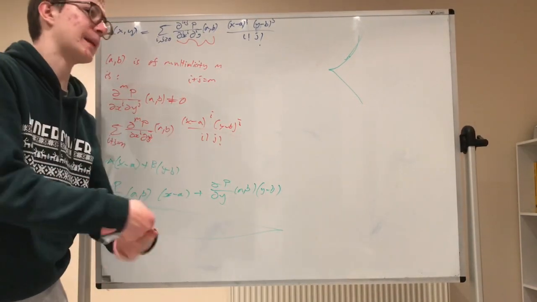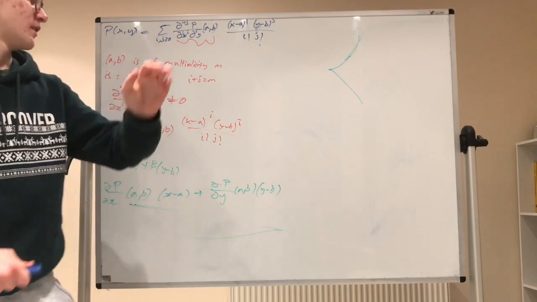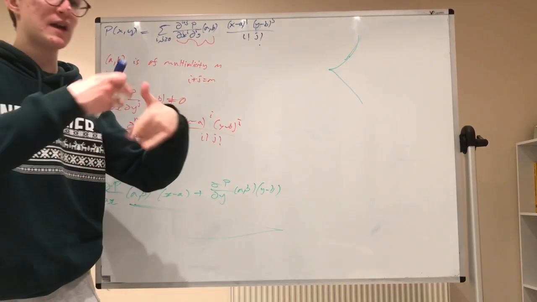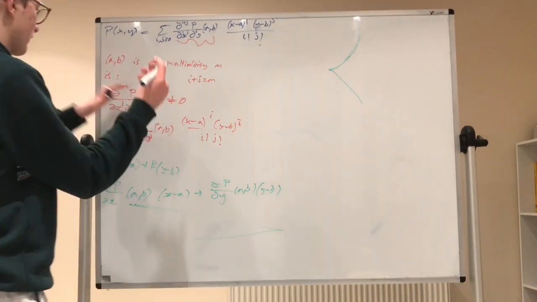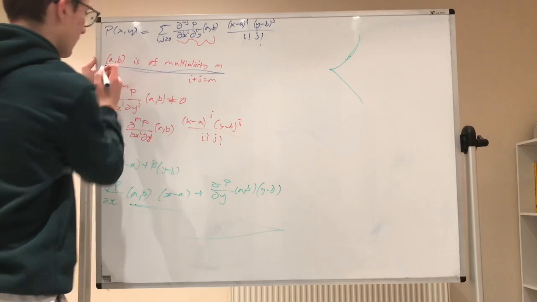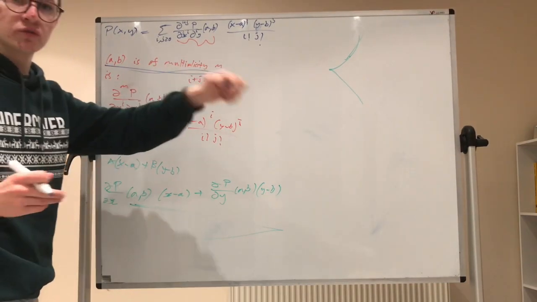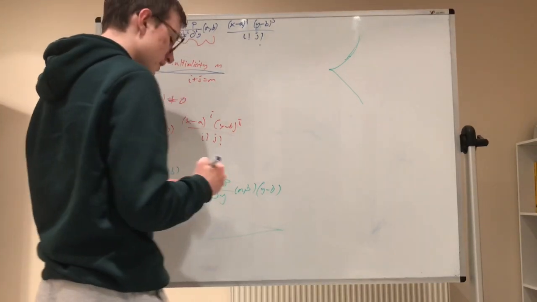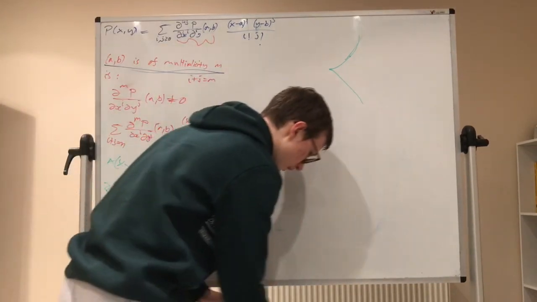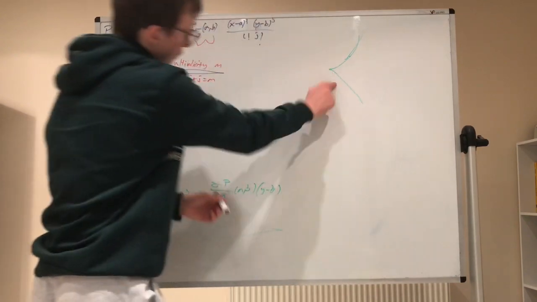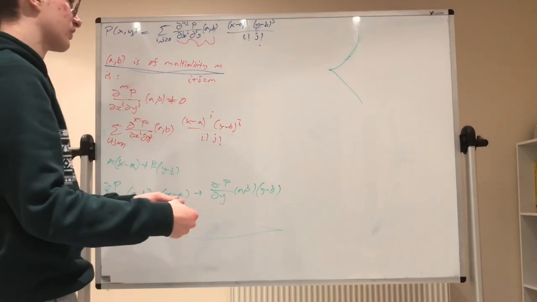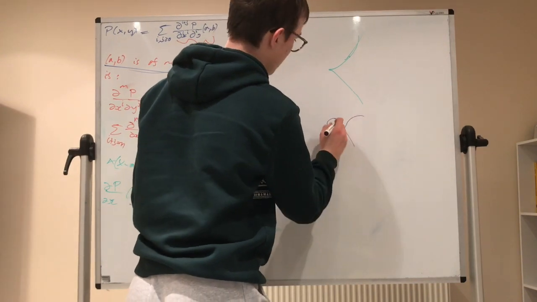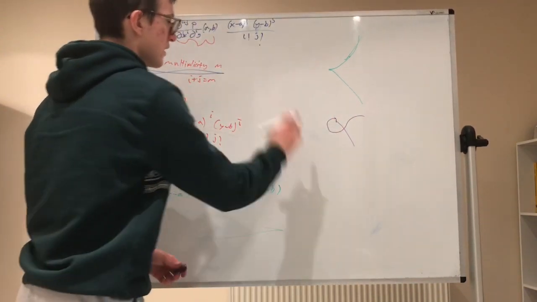A curve is called ordinary if (a, b) is a point of multiplicity m. You know what, this definition I'm going to write down, because this is not ordinary right here, so it's a pretty terrible example. An ordinary one looks something like that.